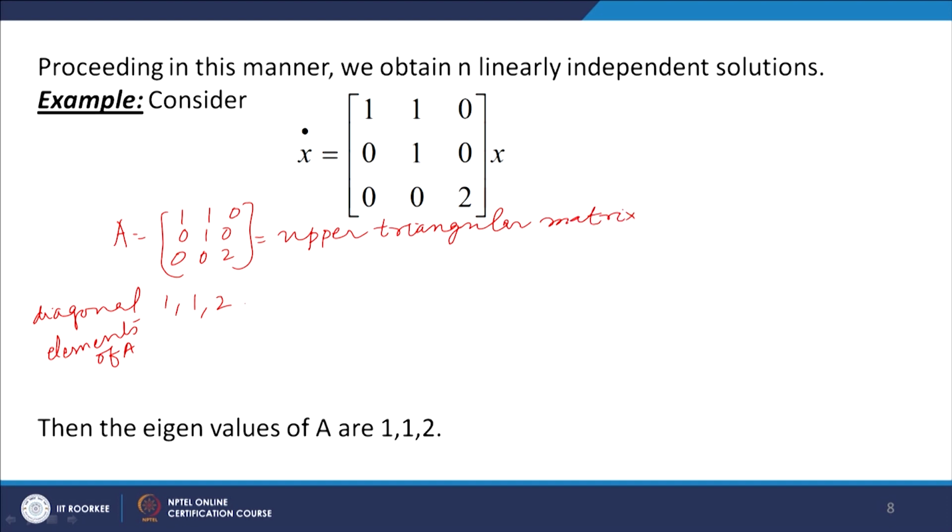The diagonal elements of an upper triangular or lower triangular matrix are its eigenvalues. So, we have the eigenvalues of A as 1, 1, 2.